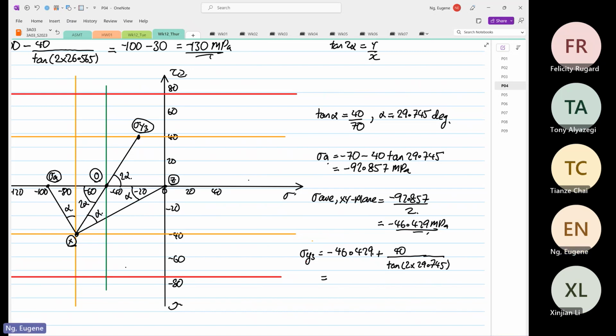So 29.745 times 2 tangent, 40 divided by, so minus 46.429 plus by, so minus 22.858 megapascal. Let me do it again.